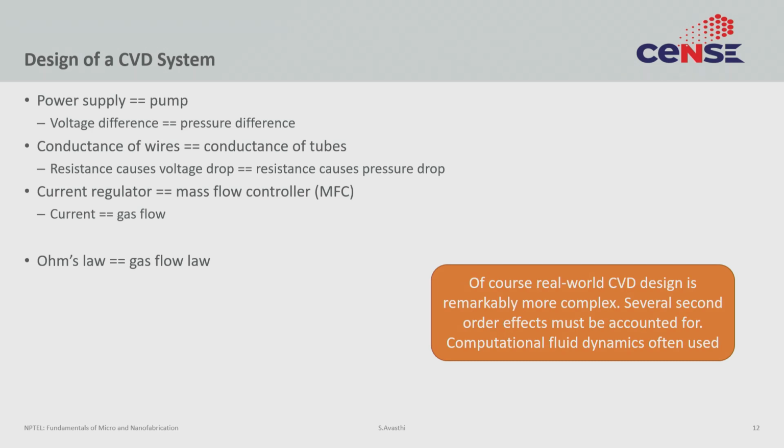The conductance of the tubes can often be thought of as the conductance of wires in an electrical circuit. Mass flow controllers, pressure regulators can often be thought of as simple ways of regulating the current in the circuit. And just like there is Ohm's law for electrical circuits, there is a similar law for gas flow in a fluid medium when it is under laminar flow regime.